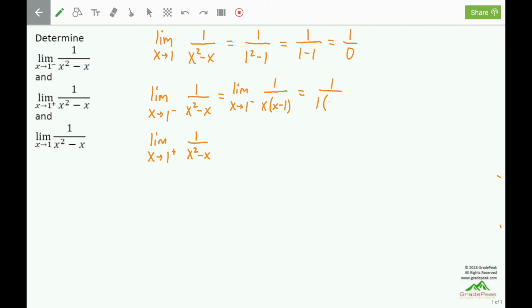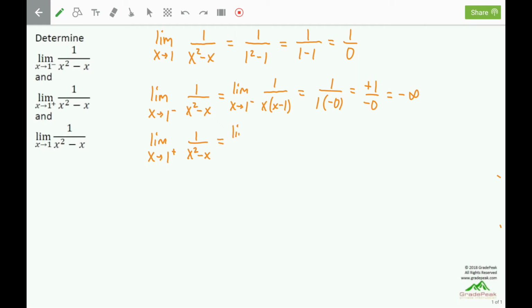But x is less than 1, like 0.99, so it'll be negative, and it'll be a negative 0. So we have a positive 1 over 1 times a negative 0, which will be a negative 0. A positive over a negative is a negative, and a non-zero over a 0 is an infinity. So the left-sided limit will be negative infinity.